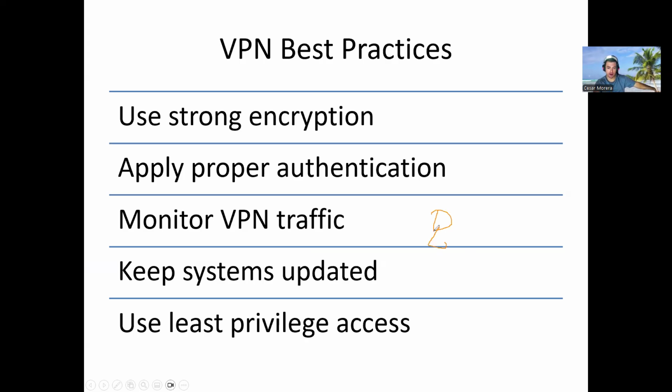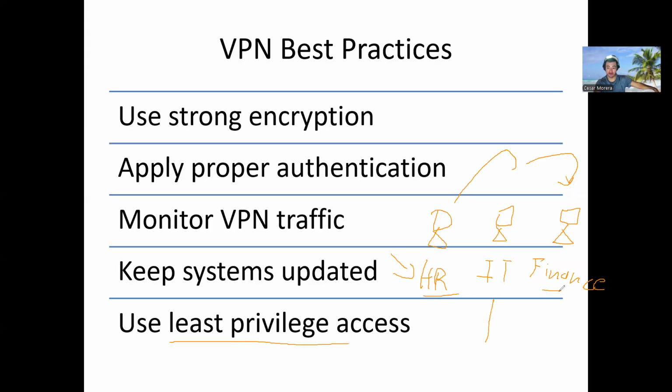Let's say we have a department for HR, an IT department, and another department for finance resources. What exactly does least privileged access mean? You will provide only the specific access to each of these departments, meaning somebody from HR shouldn't have access to the IT or finance resources, as well as somebody from IT shouldn't have access to HR and finance.